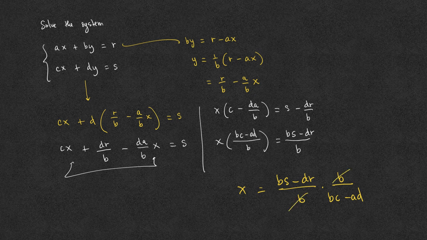The b cancels out. We have bs minus dr over bc minus ad.